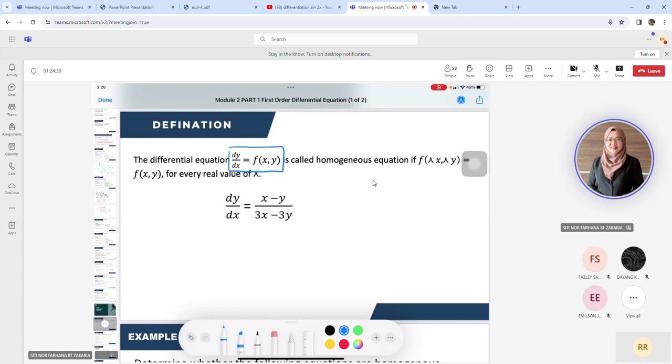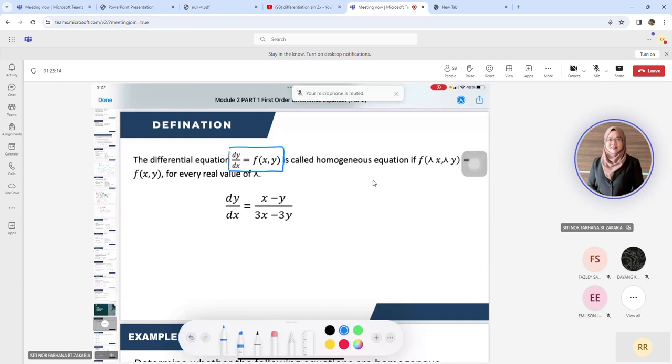Okay, I repeat. A normal differential equation only has x and y, independent and dependent variables. But that DE becomes homogeneous if we add another variable into that DE and then we simplify it, it still becomes the original DE. For example, dy/dx equals to (x minus y) over (3x minus 3y).